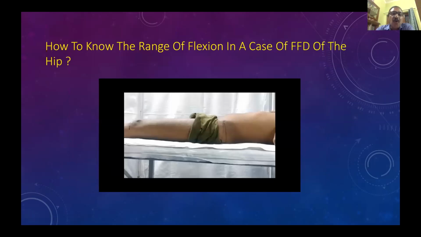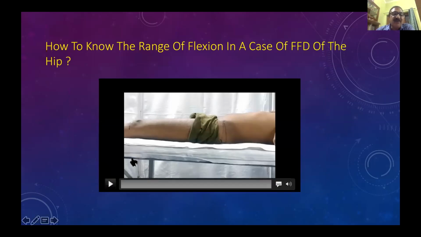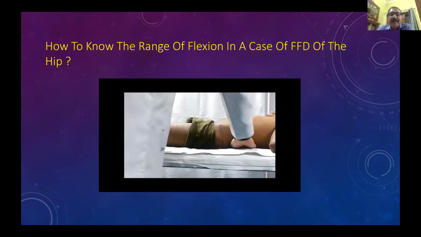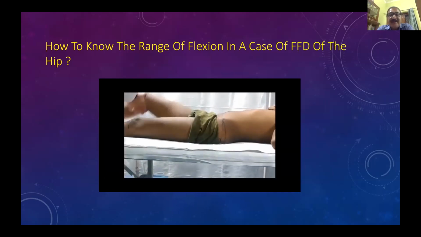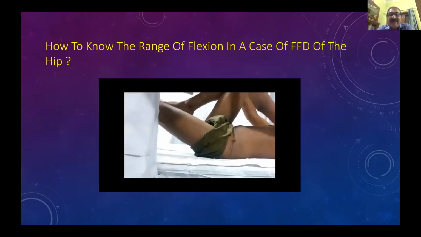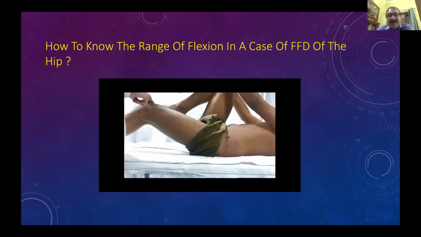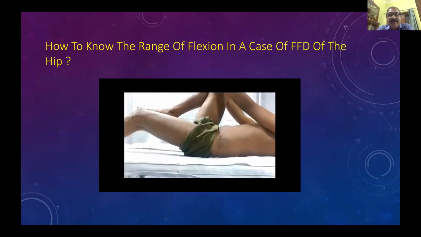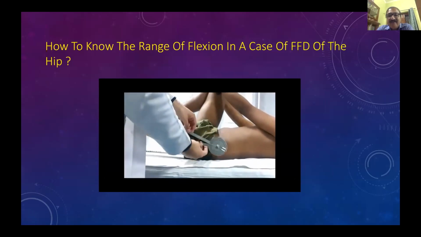Now, if you want to know the range of flexion in a case of fixed flexion deformity, basically, is any flexion possible after the fixed flexion deformity or not, then this is a method to do this. Please see it carefully. First, the Thomas test is done in the same manner which I have shown to you. The normal hip is flexed. The flexion deformity becomes obvious. Just press to counter any increased flexion deformity. Measure the flexion deformity.